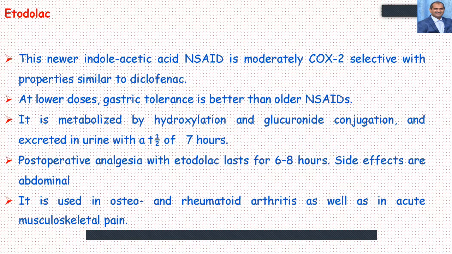Suppose you are a sports person and after jogging and running severe muscular pain is there, then etodolac is a classical agent which cures very fast. Whereas if you take aspirin and others, they are not such good anti-inflammatory agents.